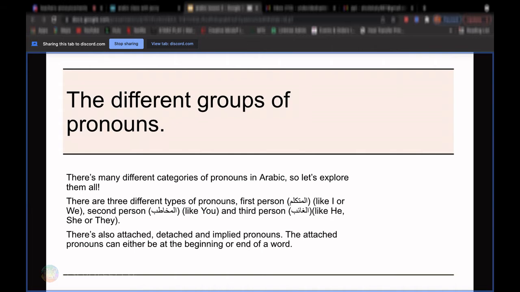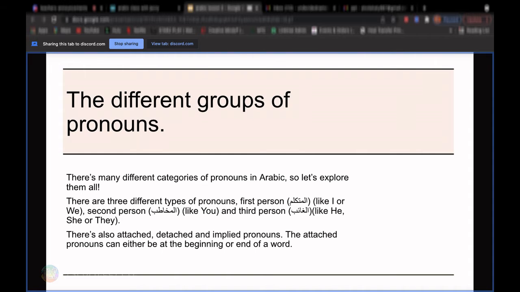Then we have the second person pronouns, which is al-mukhatab, right? And the name for it means the one that you are talking to, the person that you're addressing, right? So you use second person pronouns to address somebody, you.